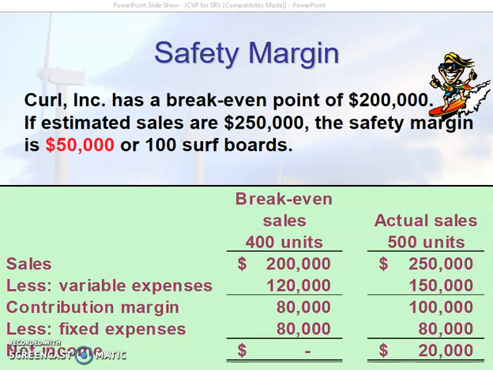Okay, so here we have a much smaller gap between the break-even and the estimated sales units, and so safety margin is a little bit more important. We don't have nearly as much room for mistakes.